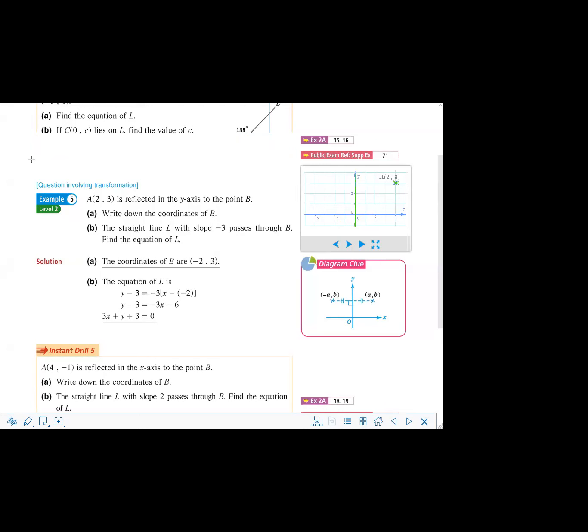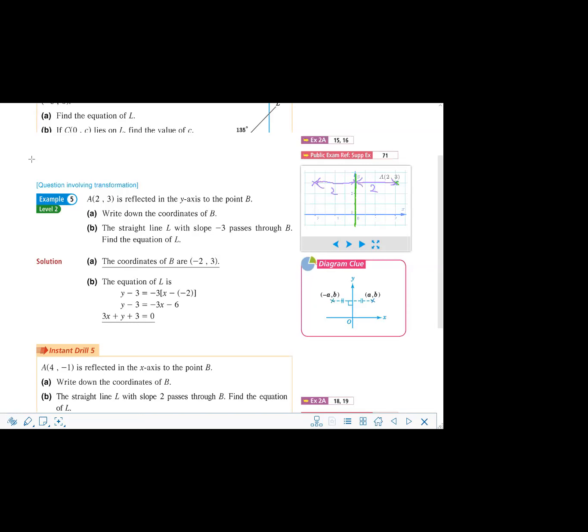The distance between the point and the mirror is 2 units. Can you see the 2 units here? When it is reflected to the other side of the mirror, the distance between the mirror and the image should also be 2 units, exactly the same.